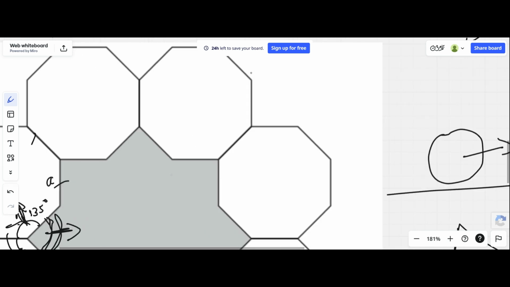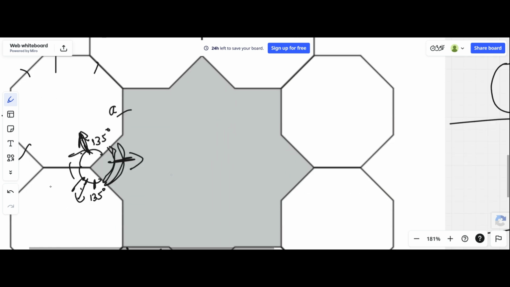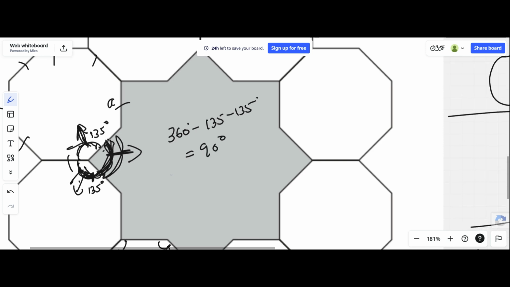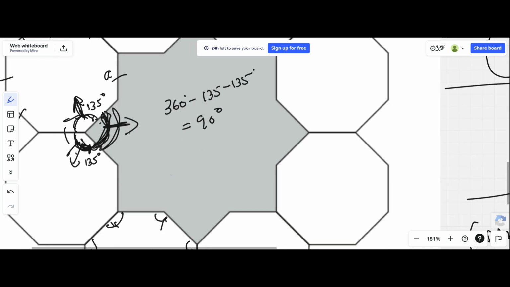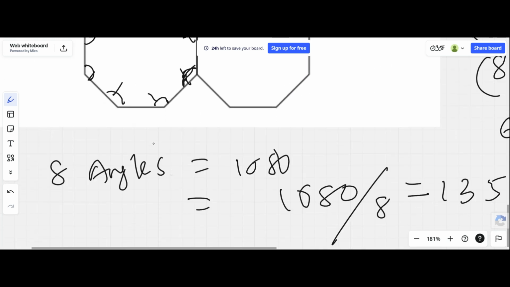In the circle, 135 is gone, another 135 is also gone. So how much will be this? Simple. 360 minus 135 minus another 135. It will be 90 degrees. So this is 90 degrees, and this is 90 degrees.